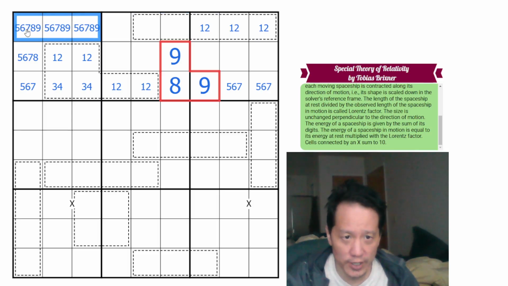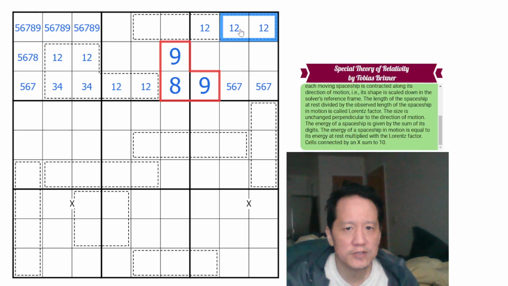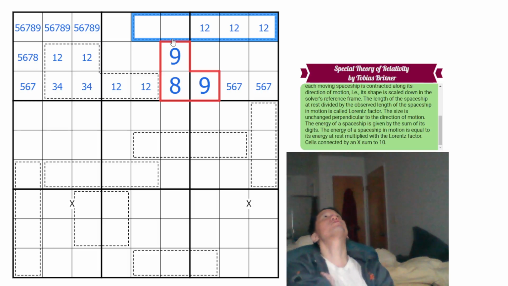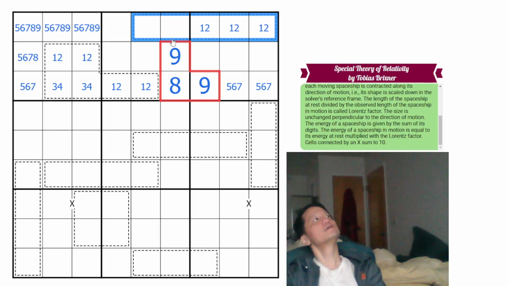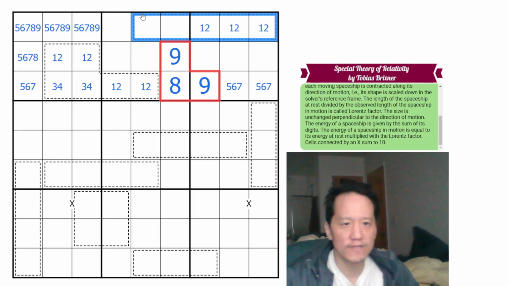What about 3? If you have 3, you would have 5 over 3. This is at minimum 15. So 5 over 3, minimum 15, which means 15 divided by 3 is 5. So that would be 25 for 3 digits.